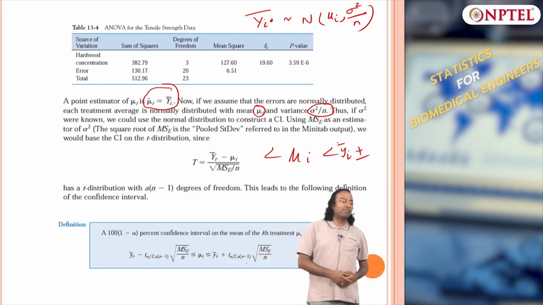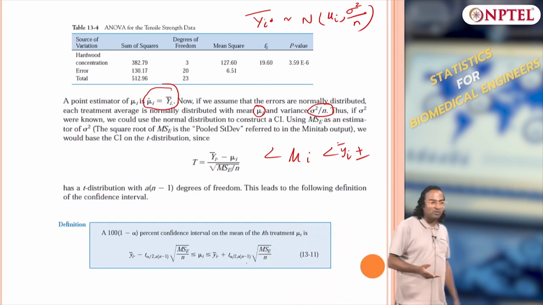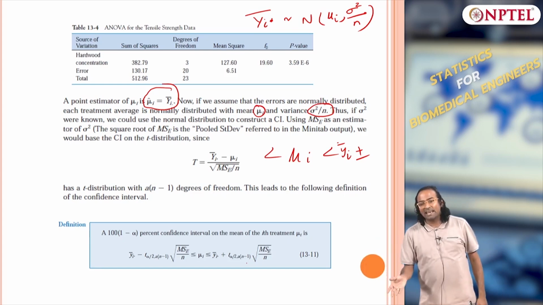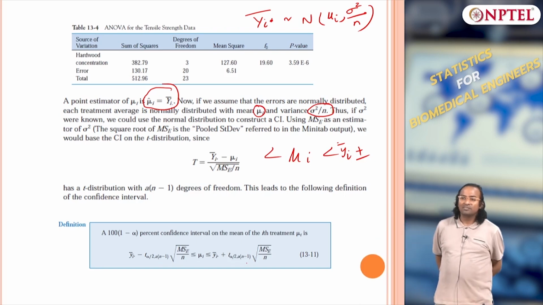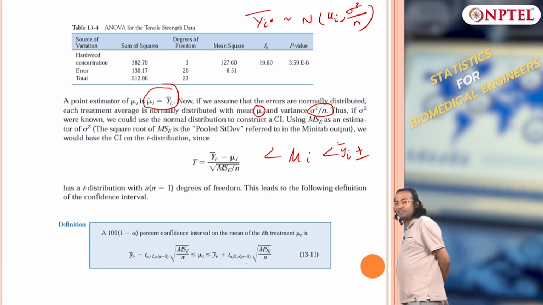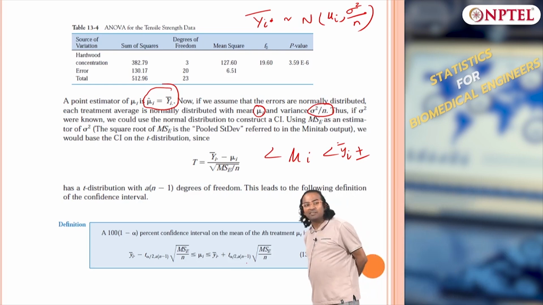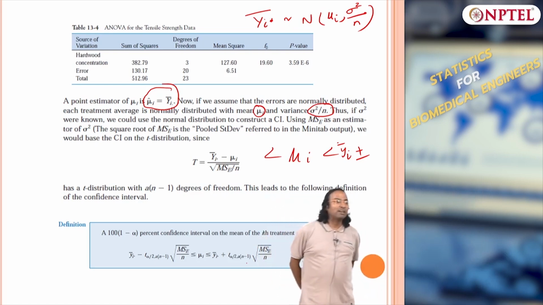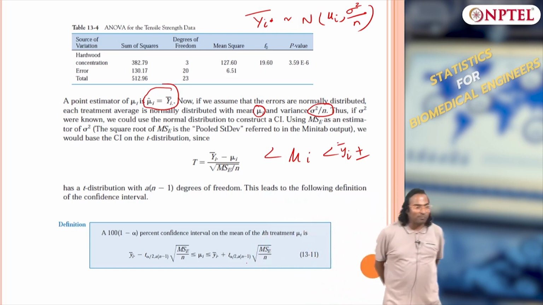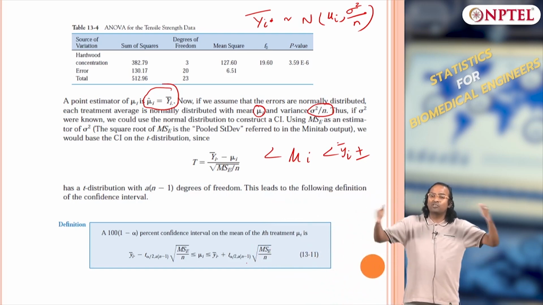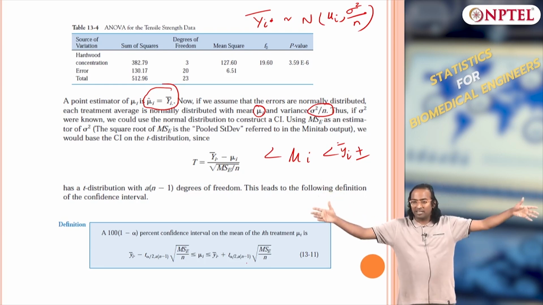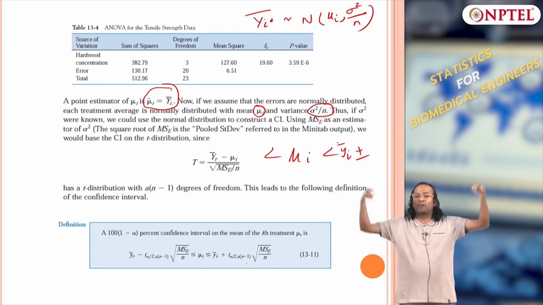Remember, sigma squared is not given to you. Usually what will you do? You will replace it with an estimate. In this case, how do I replace it? There are multiple populations. If you remember two sample, you have two populations, here you have 5 to 6 populations. You are comparing 5 to 6 treatments, so each treatment comes from a different population.